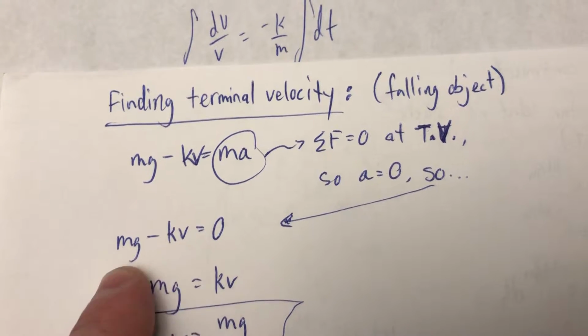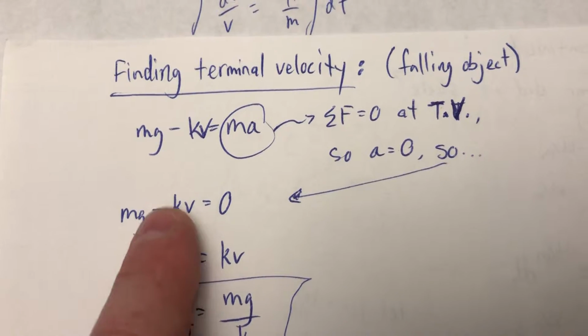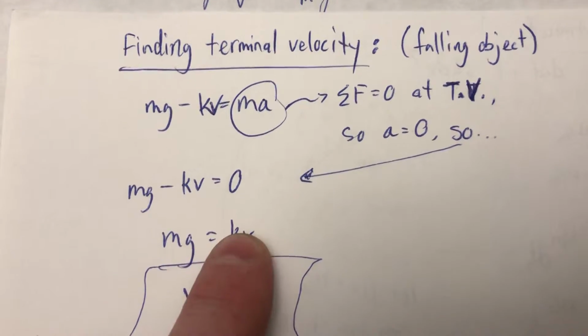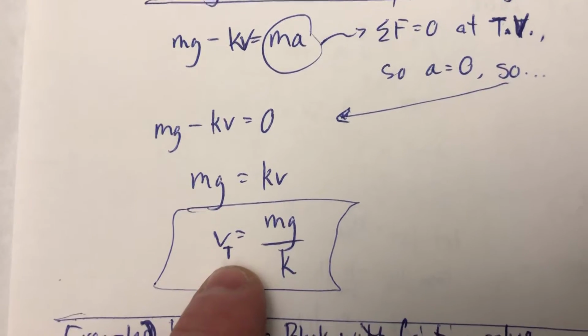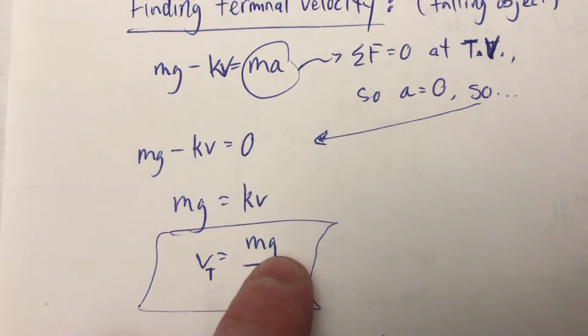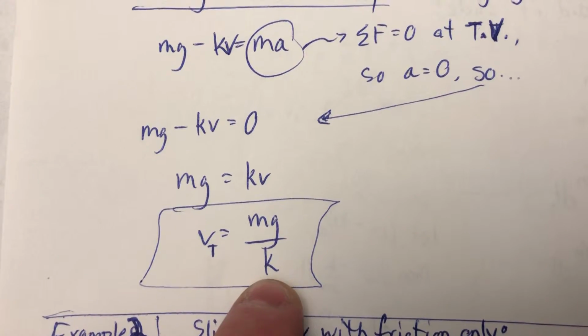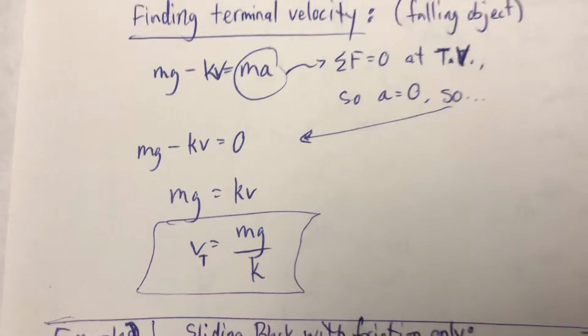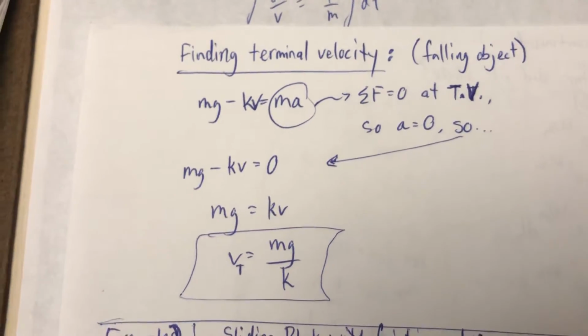And then what you just have to do is solve this equation for v. That becomes pretty straightforward. You add the kV over, so mg equals kV. Vt is the typical symbol for terminal velocity, and it's just equal to mass times the acceleration of gravity divided by some proportionality constant k. That is about as simple as an example problem that I can show you for resistive force.